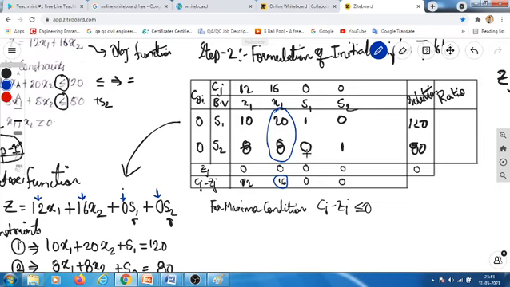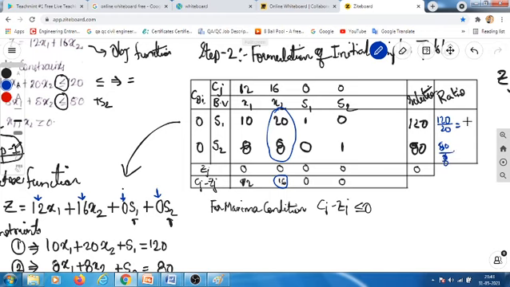So, the next step is to divide, as we said, the ratio. What we need to do? Divide this 120 by 20 and 80 by 8.